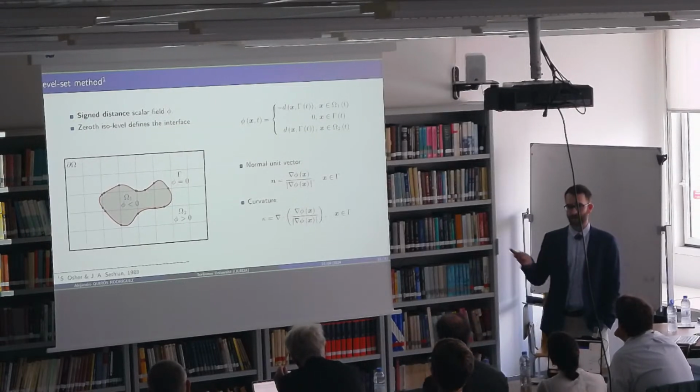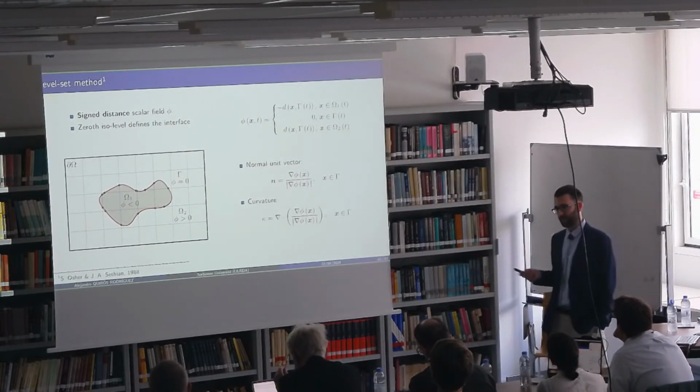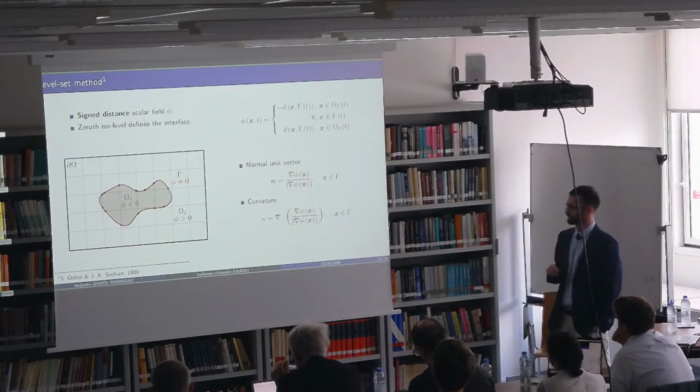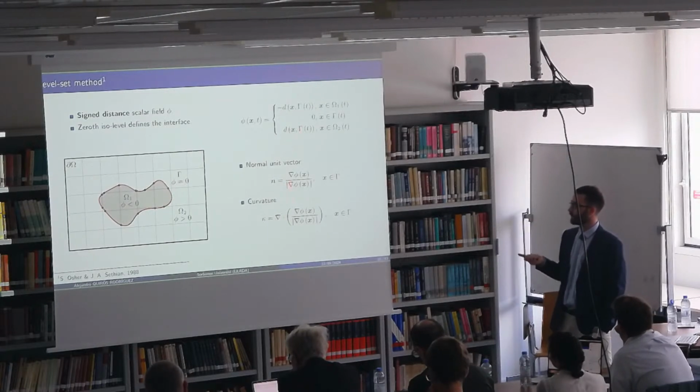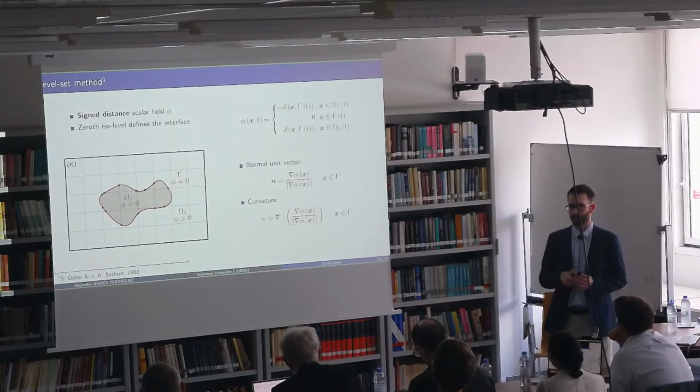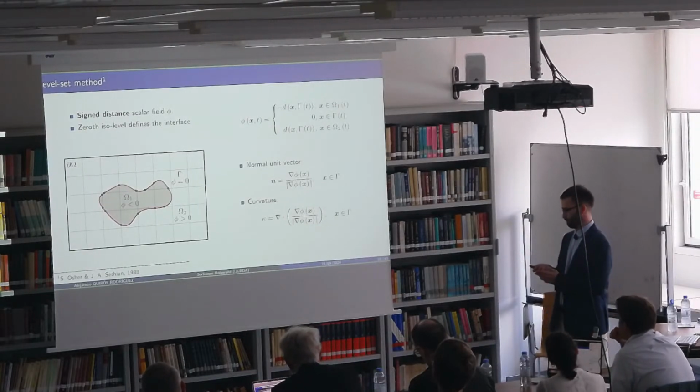This means that on one side of the interface, we have positive values of the level set, defining one of the phases. And on the other side of the interface, we have negative values of the level set, defining the other phase. Apart from these intersection points, from the level set, we will also have to compute the unit normal vector and the curvature that we will use to impose the boundary conditions at the free surface.